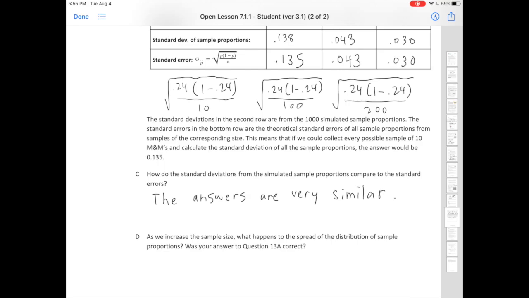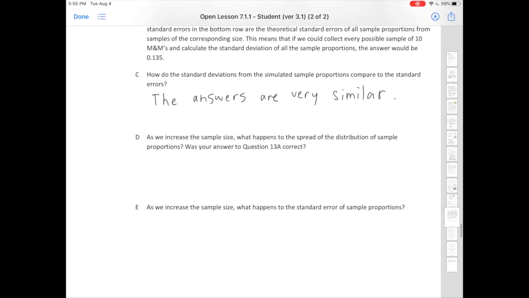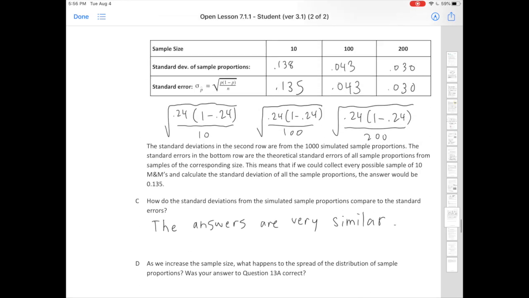So let's go ahead and answer the last few questions here. It says, as we increase the sample size, what happens to the spread of the distribution of sample proportions? Well, we saw it in the simulation and we also saw it right here. We saw that as our sample size got bigger and bigger, our standard errors got smaller, didn't they?